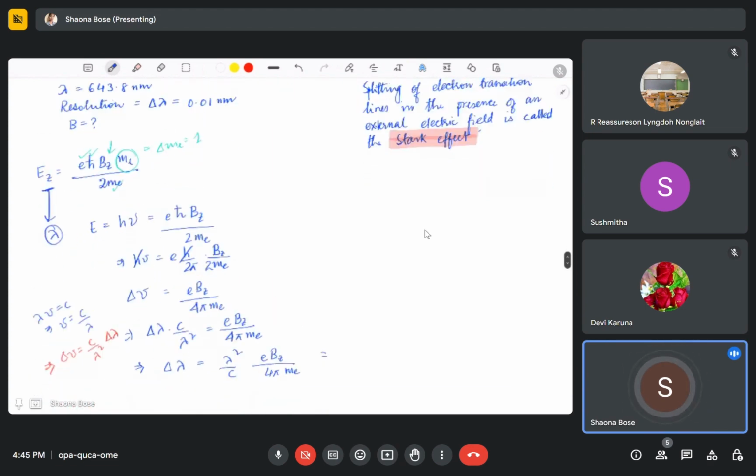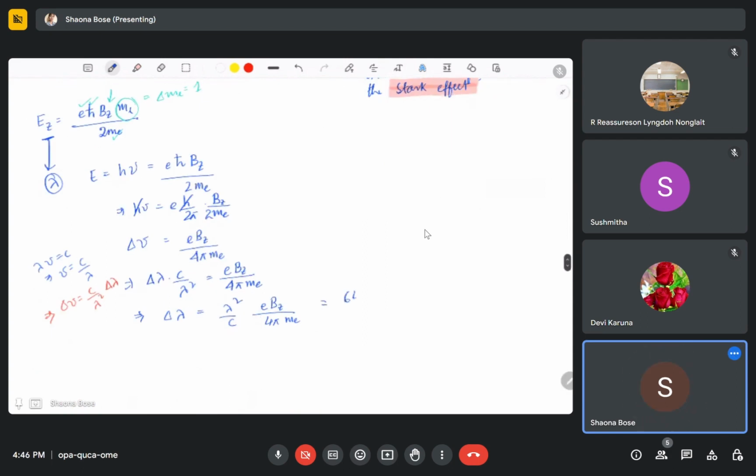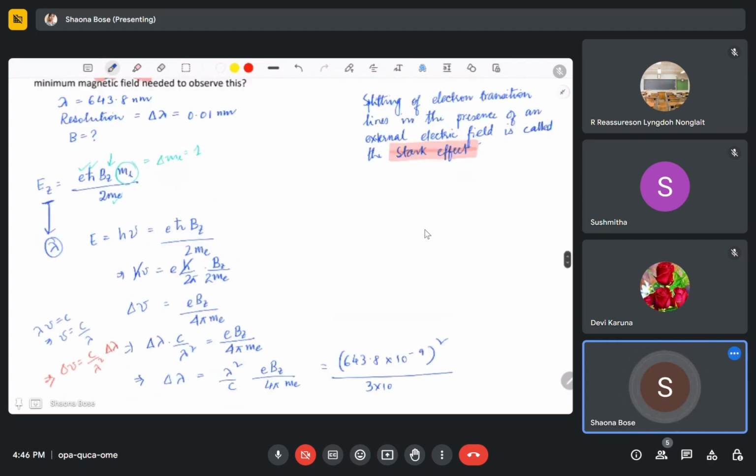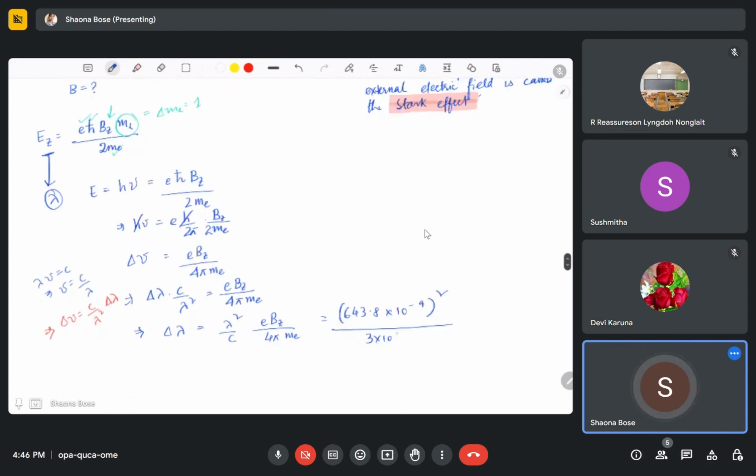Okay, now we will put the values that we have, that is 643.8 nanometers. Convert it into meters. This is square. c, you know, speed of light. Nothing is mentioned, so let us just take 3 into 10 raised to the power 8. Charge of electron 1.6.